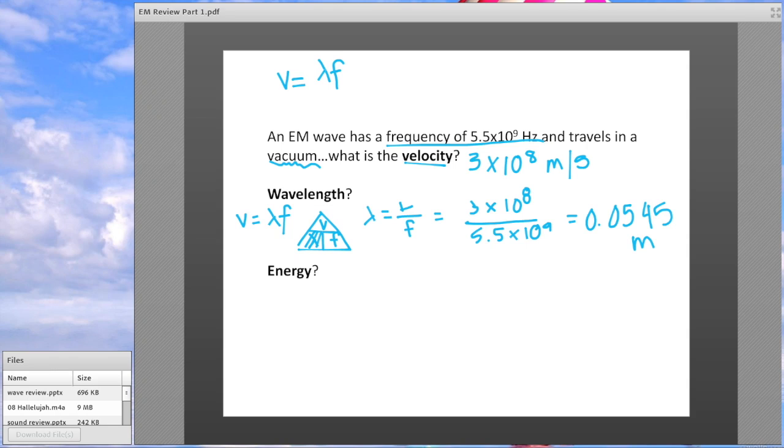So I'm going to go ahead and put this in my calculator. Okay. So I got 0.0545. Okay, and that's going to be in meters because our velocity was in meters.